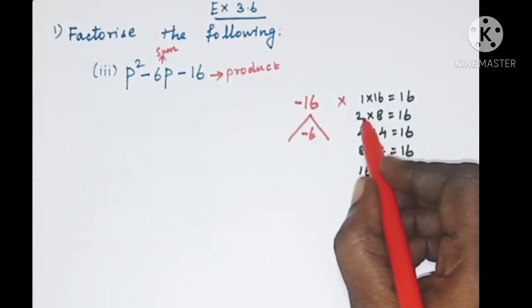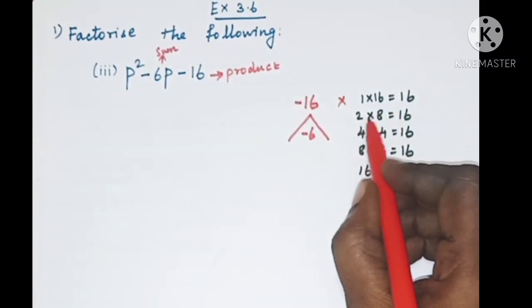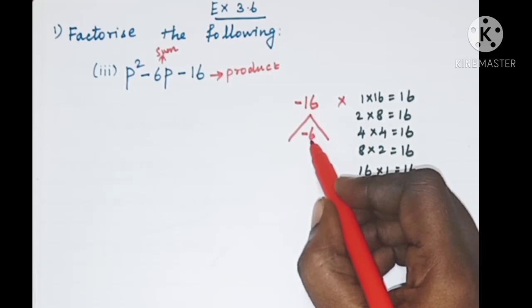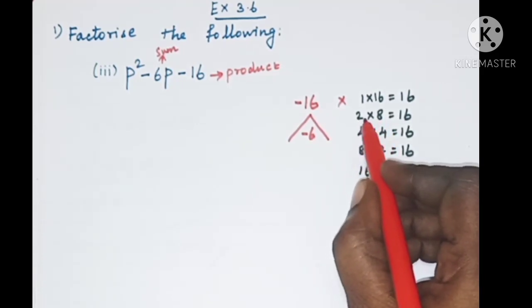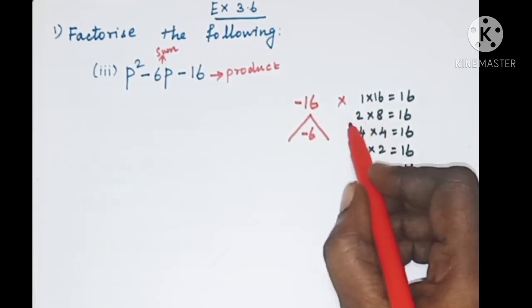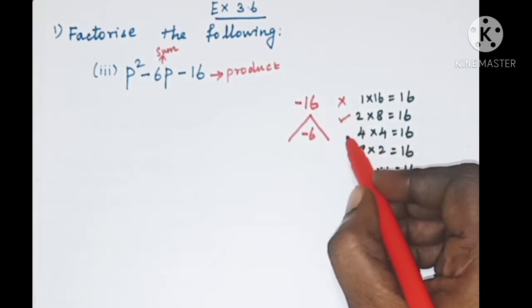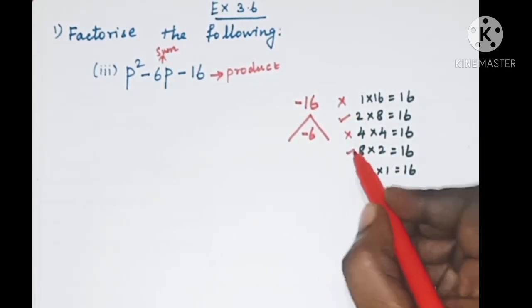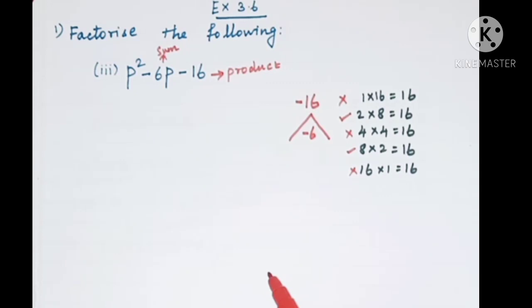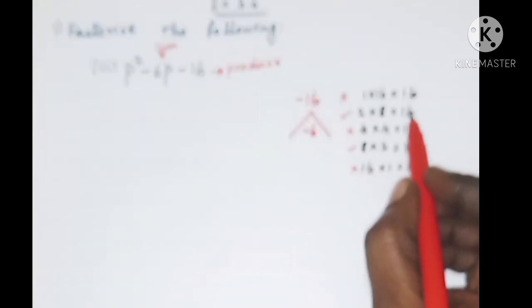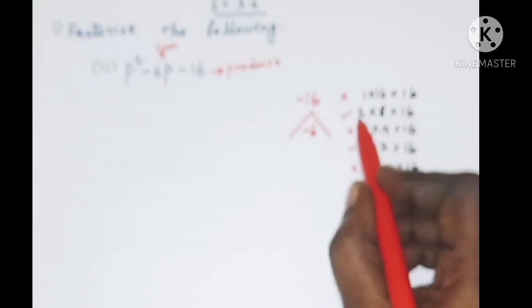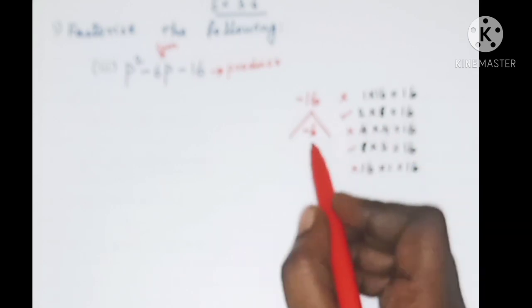So 2 plus 8 is 10, 8 minus 2 is 6, 2 minus 8 is minus 6. If we subtract 2 from 8, we will get 6. So this is the correct possibility. Other ones are wrong. Multiplying these two numbers we will get 16, and subtracting these two numbers we will get 6.